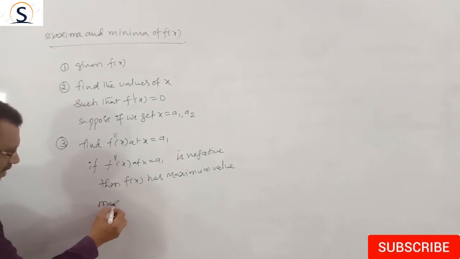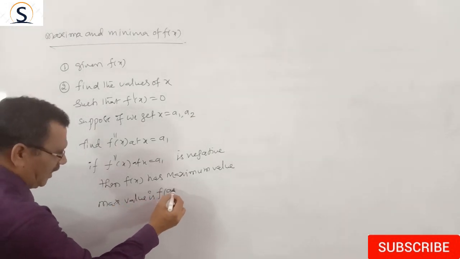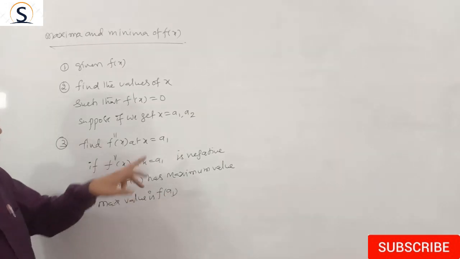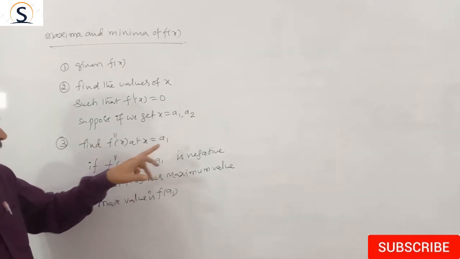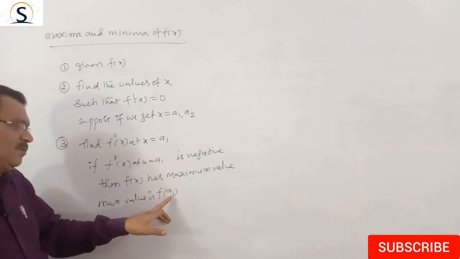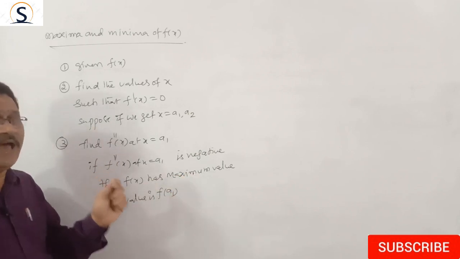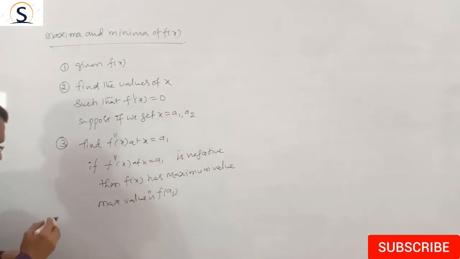That maximum value is f of a1. So at this point a1, the second derivative is negative, therefore you substitute that a1 in the given function, you get the maximum value, right?